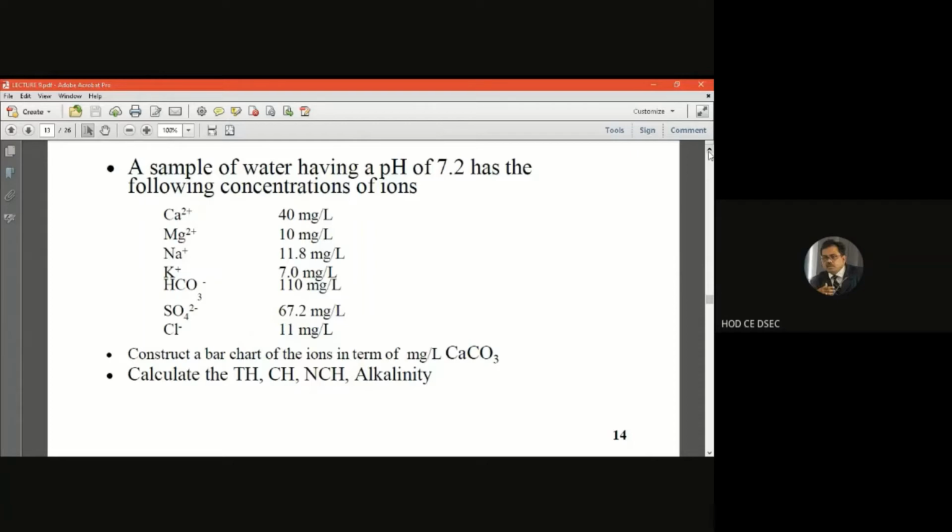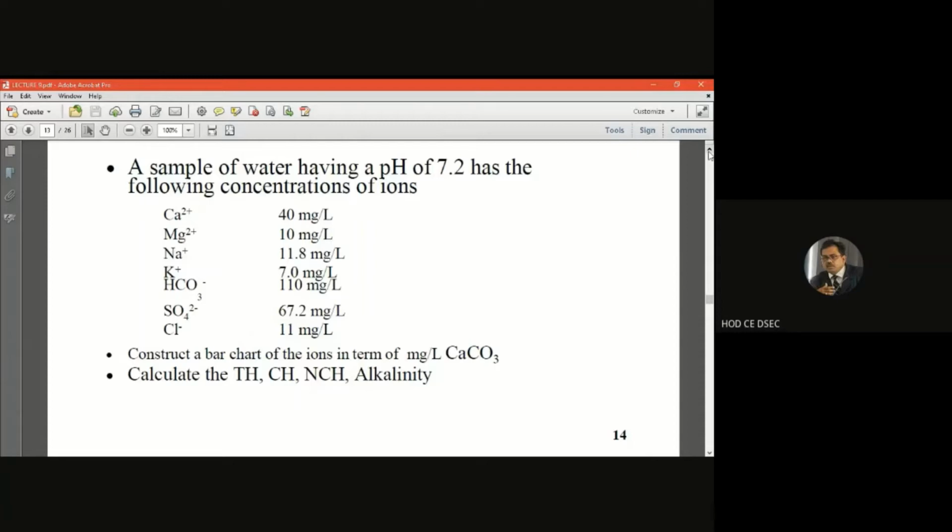And what do you have to calculate numerically? The total hardness, TH, the carbonate hardness, CH, the non-carbonate hardness, NCH, and the last one, the alkalinity. So in the same problem we can calculate the hardness as well as alkalinity. As we know, hardness is temporary hardness and permanent hardness.